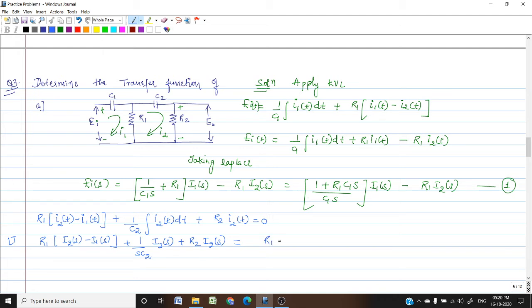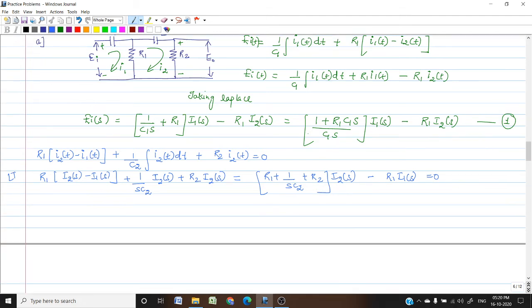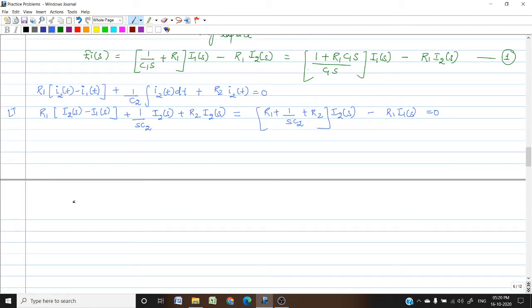So (R1 plus 1 by SC2 plus R2) into I2 of S minus R1 I1 of S is equal to 0. Further simplification: I'll separate I2 and I1 terms completely. I want the expression of I2 in terms of I1.